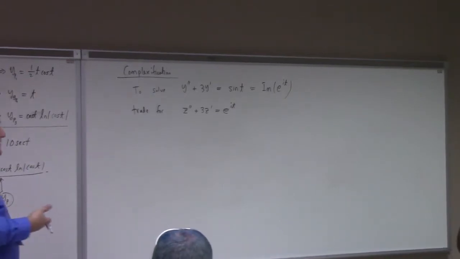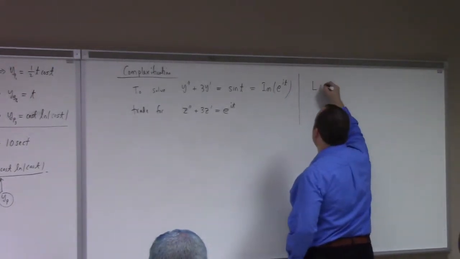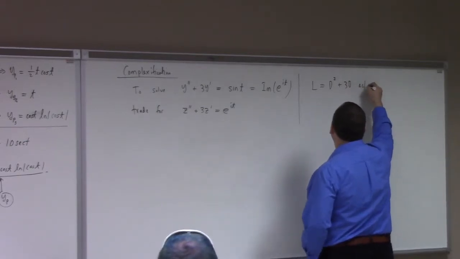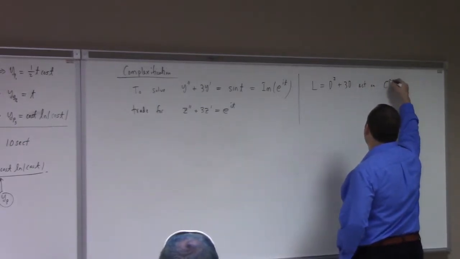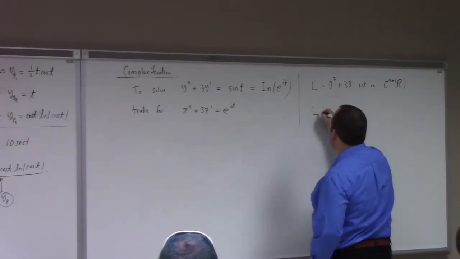Here I had L, which was d² + 3d, and it was acting on the smooth functions. Here I have my operator, you might call it L hat.